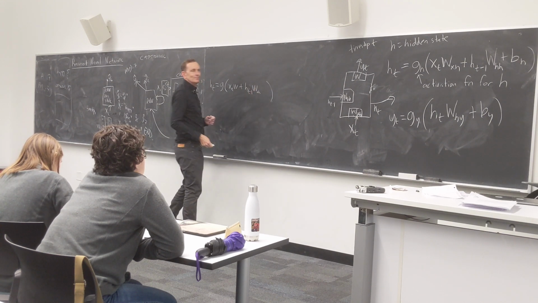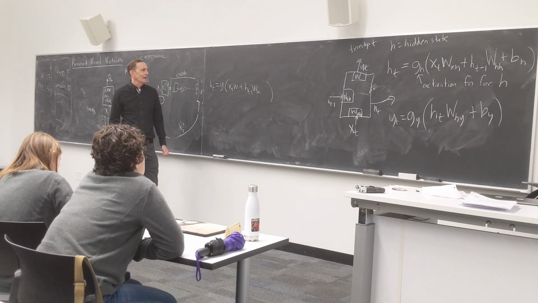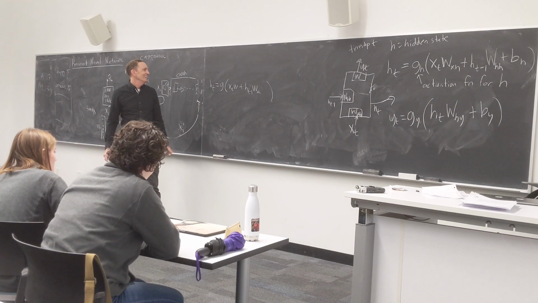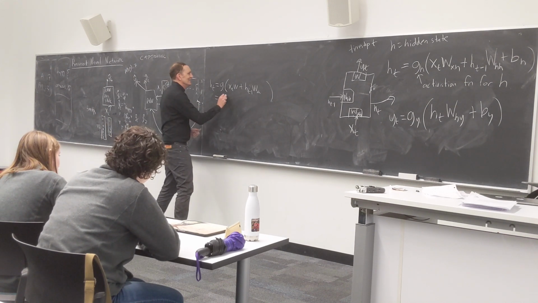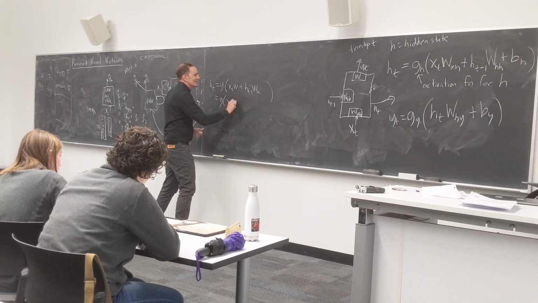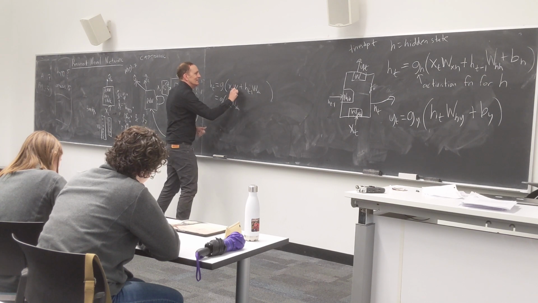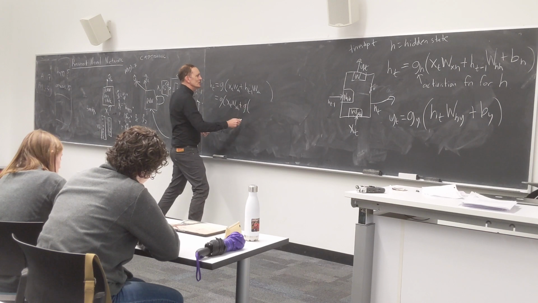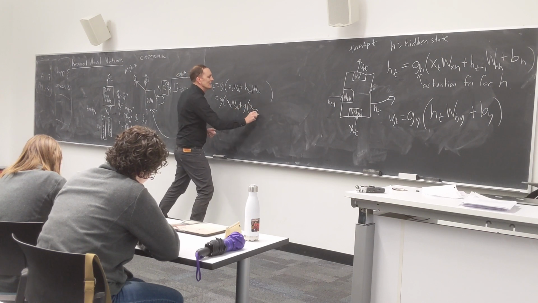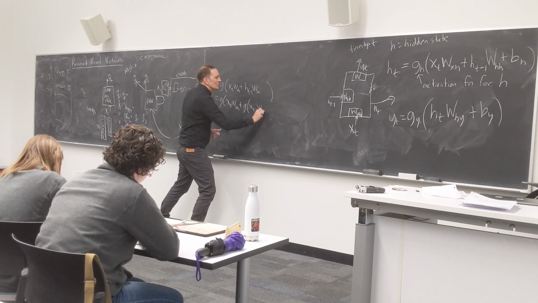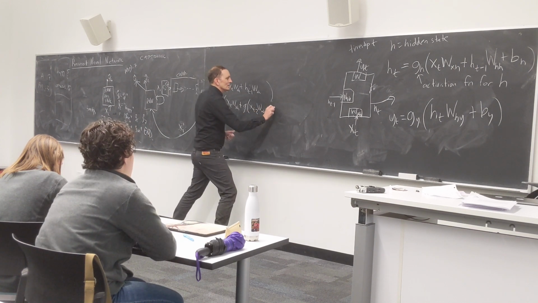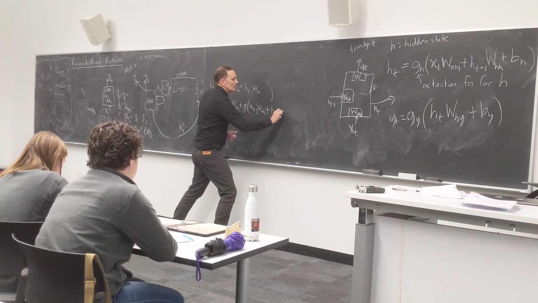And I'm going to ignore the bias. I don't care about biases. Call me unbiased. So anyway, if I just expand out H sub T minus 1, I get G of X sub T minus 2 W sub XH plus H sub T minus 2 W sub HH.